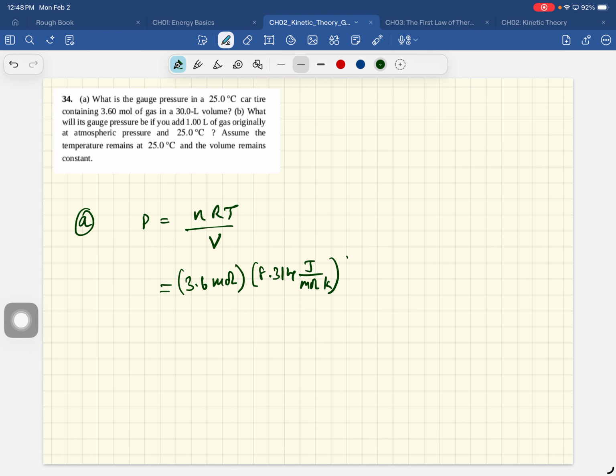So the gauge pressure is absolute pressure minus atmospheric pressure. This is atmospheric pressure. Again, P naught is 10 to the power 5 pascals. So the gauge pressure will be 1.97 times 10 to the 5 pascals.